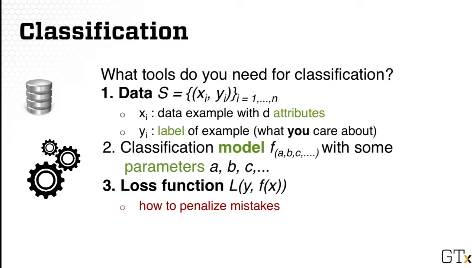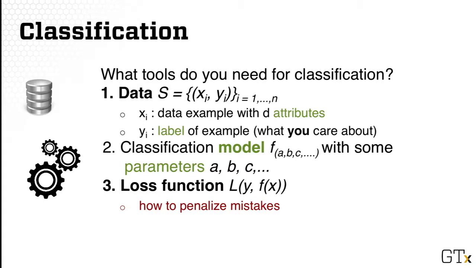Often you can think of this mapping as having some knobs that you can tune or change. This is what we call parameters. Here we say we may have parameters A, B, C, and so on. You can have very few parameters, which often is actually a good sign, because that means there are not that many knobs I need to tune or figure out the exact values for. Or sometimes you may have a lot of parameters that you need to tune, and it can take a long time to do that.